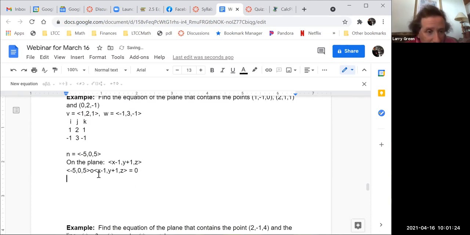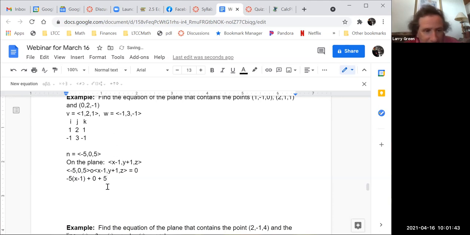And now let's do the dot product. So that gives you negative 5 times x minus 1, plus 0. I'm going to write the plus 0 even though you don't have to.